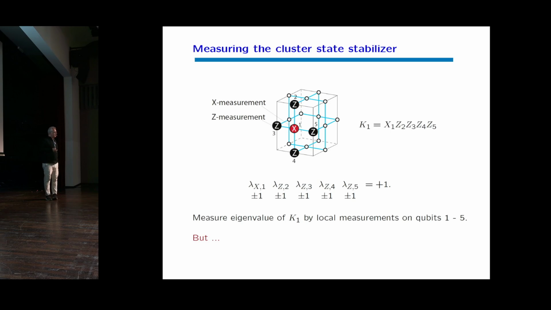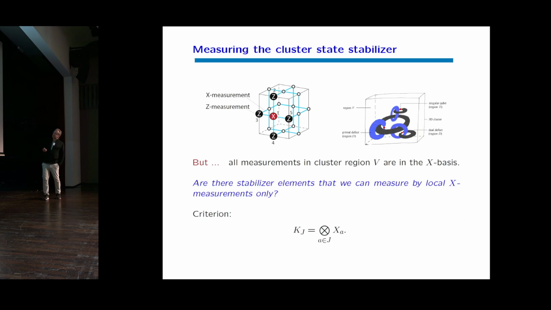Okay, but there is a but. This is not what we are going to do. And that has to do with what I told you earlier, namely that if we are in the bulk, which is mostly everywhere, we don't have the possibility to measure in Z because everything is supposed to be measured in X. So that means we are looking for elements of the stabilizer that we can measure, and they are those that have only Pauli X's in their support.